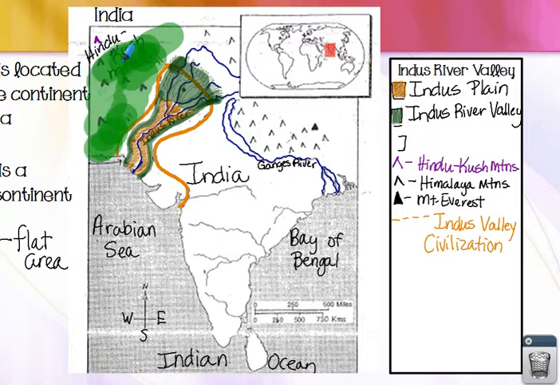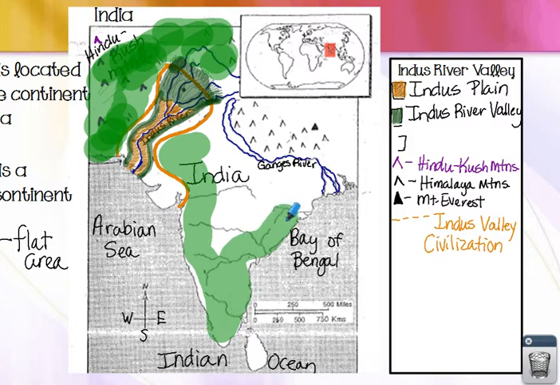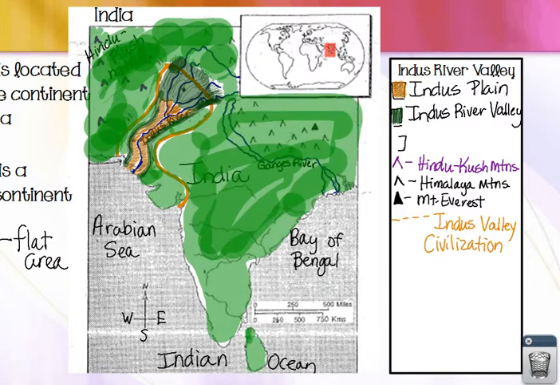That's probably still too dark for you to tell on the Promethean board, but okay. All this. Alright, so all of India now is colored in green on my map. Even this area around the Indus River Valley and the Indus River Plain.